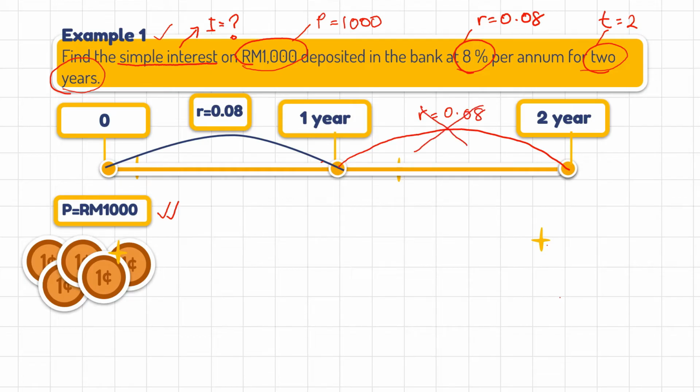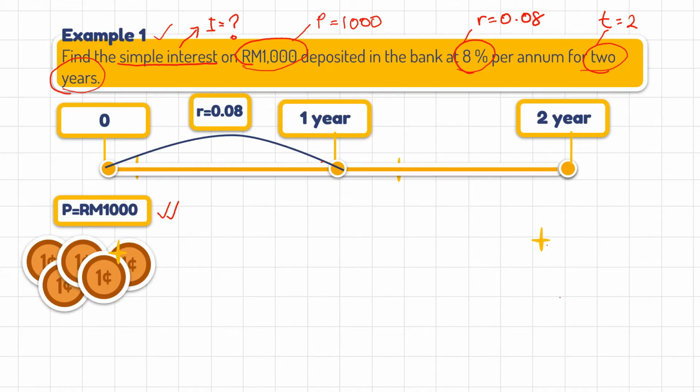This will be totally wrong because it does not match the definition of simple interest. As you can see, the definition of simple interest is the interest that is calculated on the original principal. Since the original principal is at 0, we have only one loop. So this is our timeline for this question.